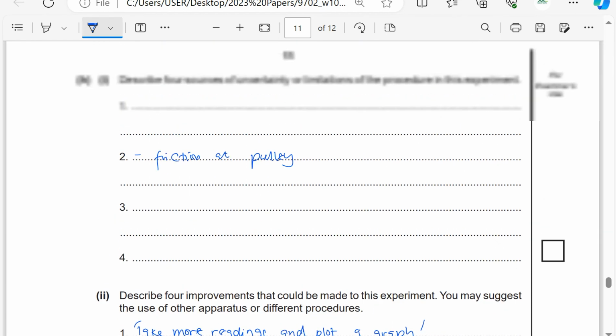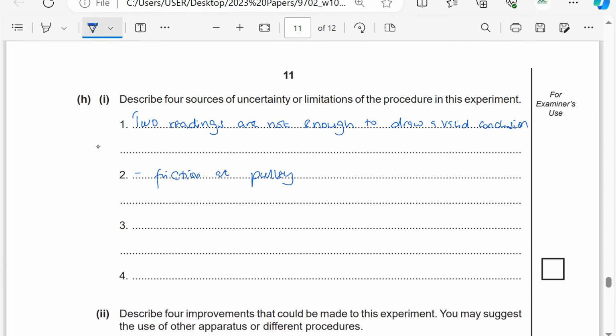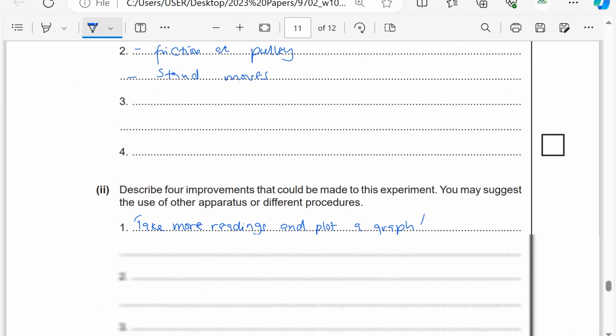Then the other one I expected is the stand was shaking. My student told me the stand was moving as the masses were moving. That one is easy to solve.